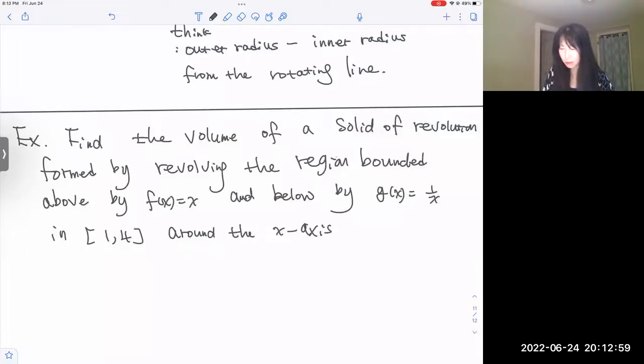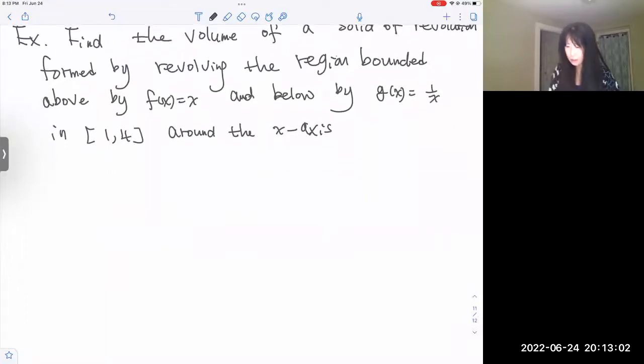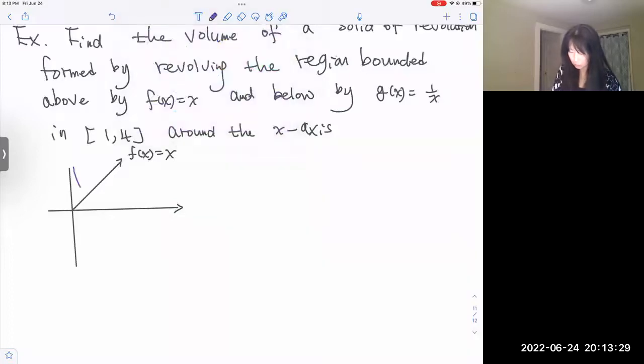So let me draw. This is f of x equal to x, a straight line, okay? Now 1 over x looks like that, right? Okay, never mind.